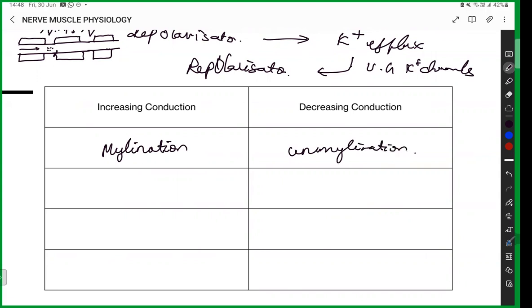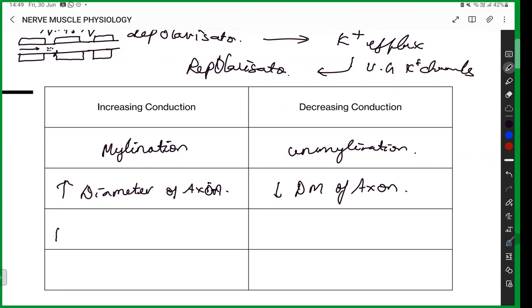Number two, the diameter of the axon. An increase in the diameter of the axon causes an increase in conduction. A decrease in the diameter of the axon causes a decrease in conduction.